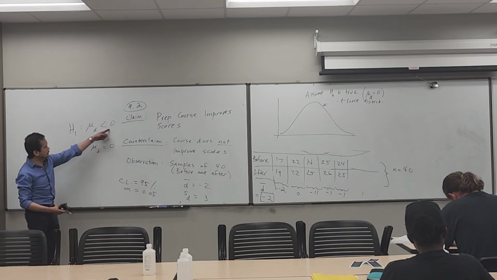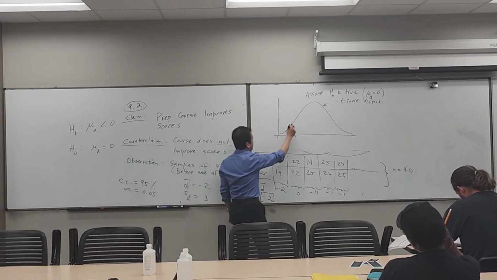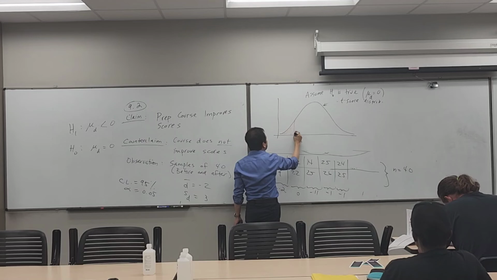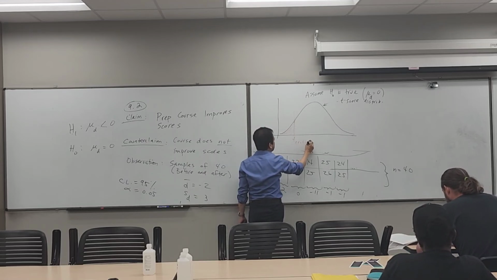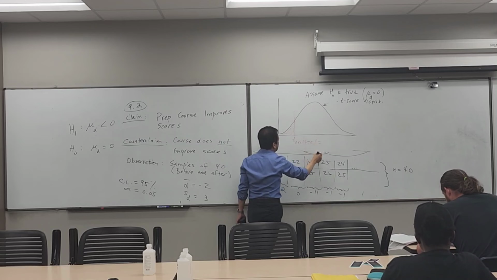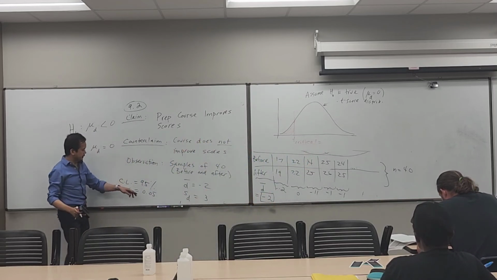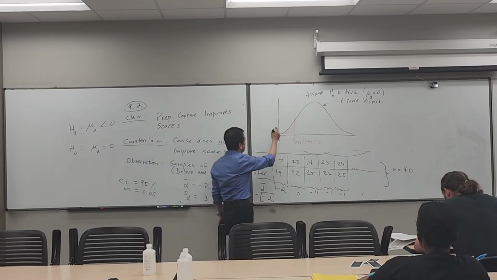So we have a one-tail test, left tail. This left tail has a critical statistic, in this case t critical, and the total area of that tail is alpha, which is 0.05.